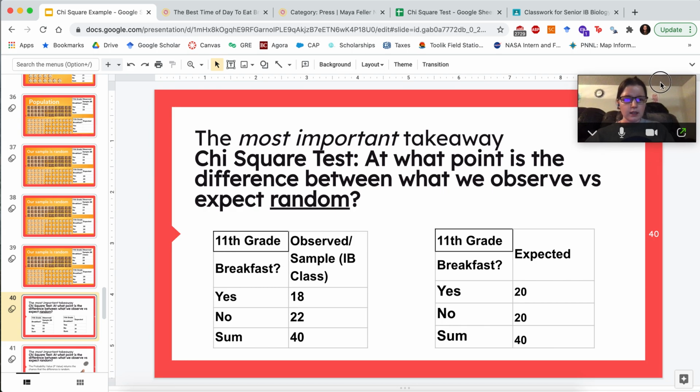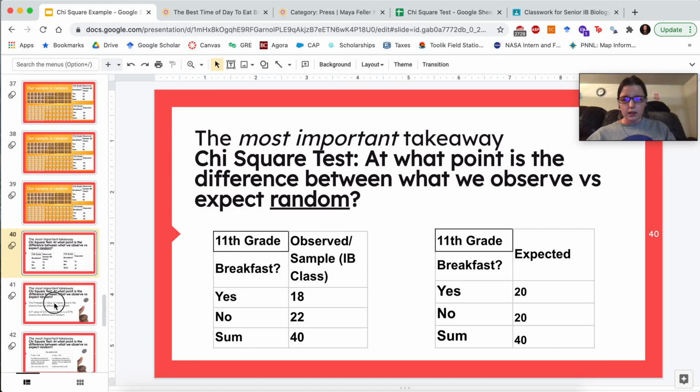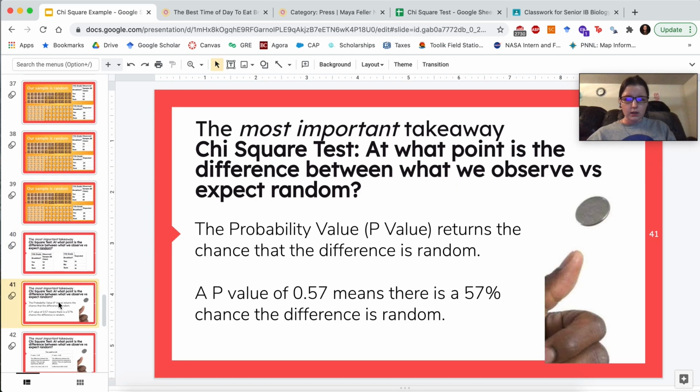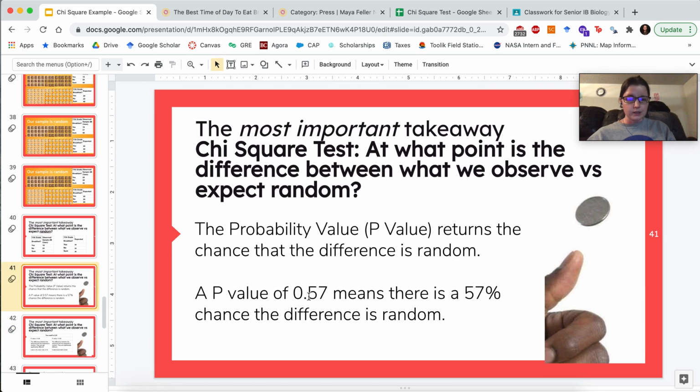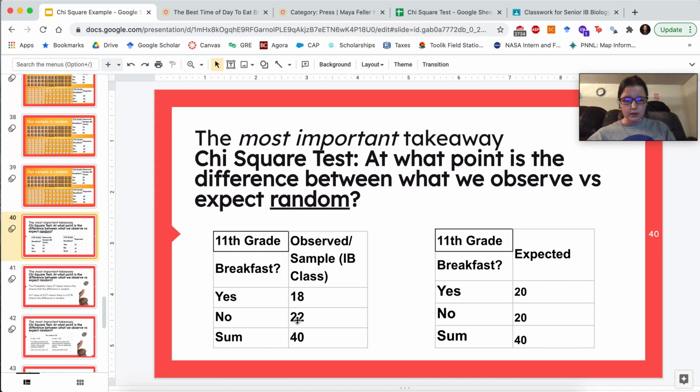And that's what the chi-square test aims to look at. It returns a probability value, which is the chance that that difference is random. So, for example, if the probability value is 0.57, it means that there is a 57% chance that the difference between this sample and what we expect is random.